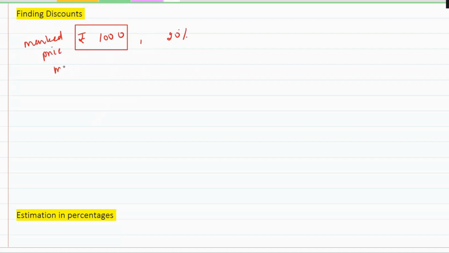We also say this as MP. And this is your discount percent. If I want to calculate the discount amount, the discount is nothing but 20% of MP. Remember one thing, the discount is always on the marked price.